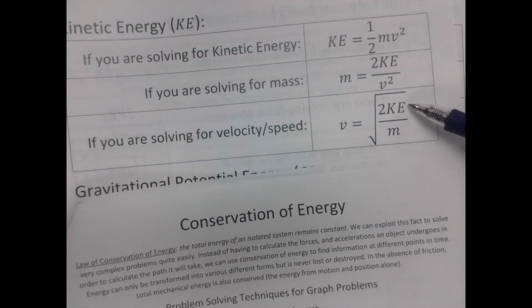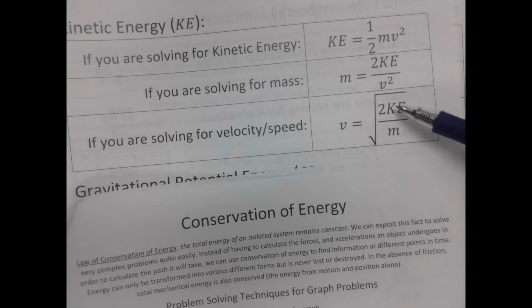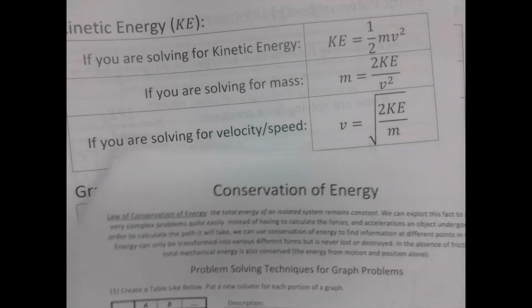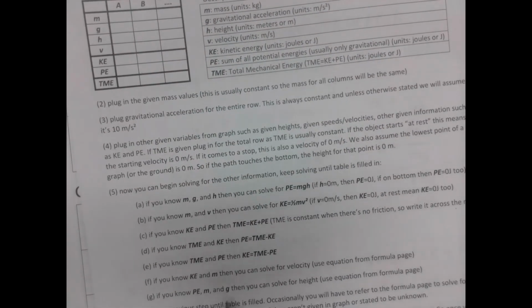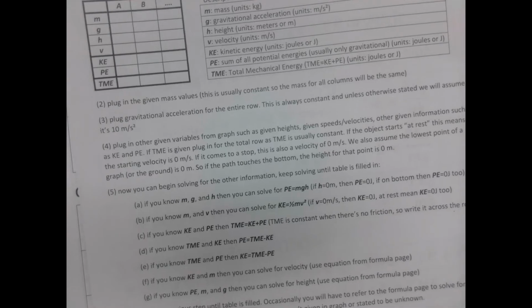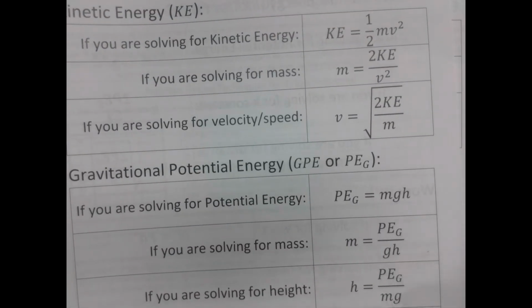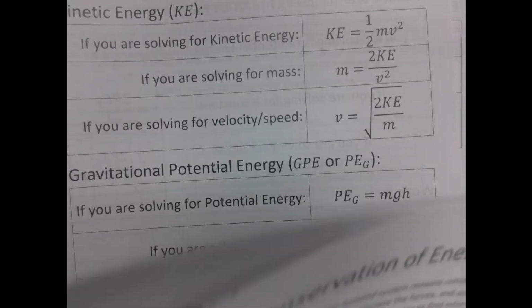Velocity is equal to the square root of 2 times kinetic energy divided by mass. And if you know potential energy, mass, and gravitational acceleration, you can solve for height. Height is potential energy divided by mass times acceleration due to gravity.